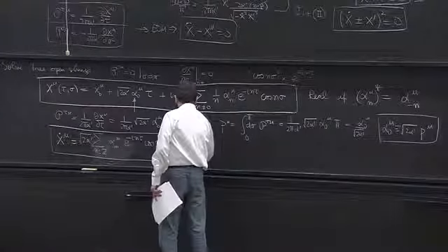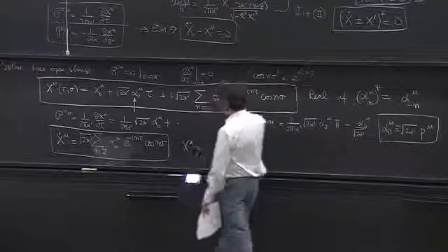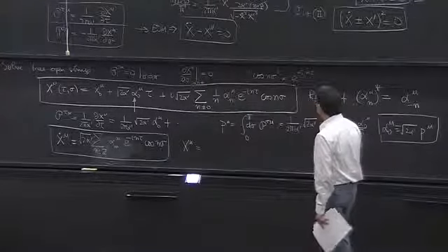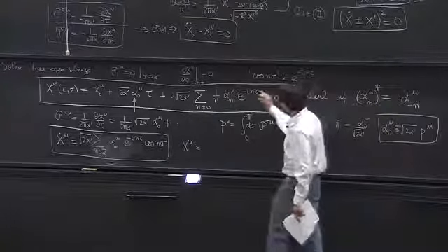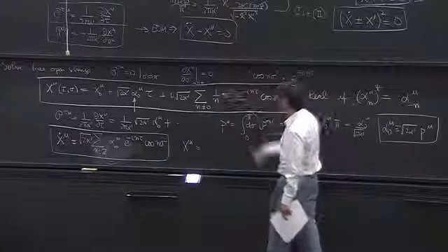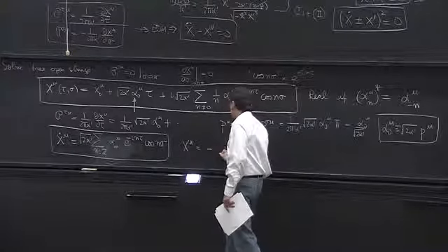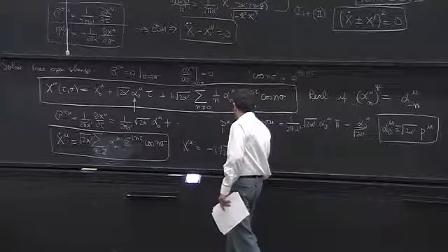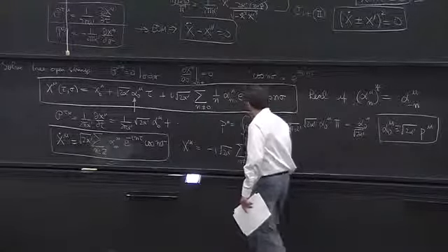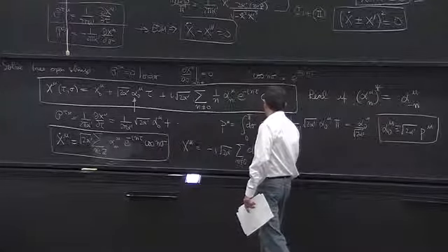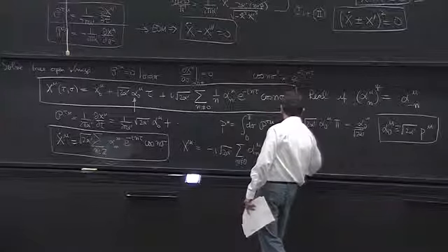How about x prime mu? Again, let's try to differentiate just the second term. Now I have to differentiate the cosines. So it's going to give me an n that cancels that, a minus sign, and sines. So minus i square root of 2 alpha prime, sum over n different from 0, alpha n mu e to the minus i n tau sine of n sigma.